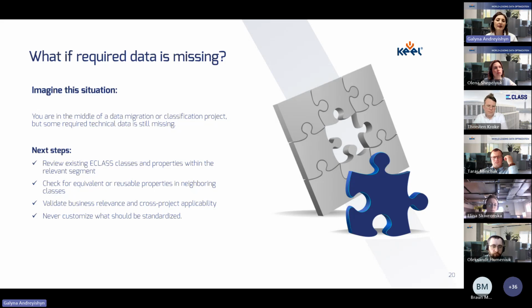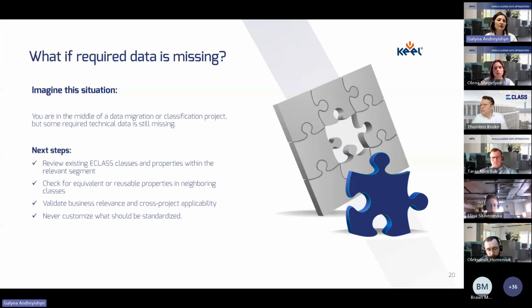There might already be an expert group created within your segment of interest, and you can contact them. Then validate the business relevance and cross-project applicability before taking further actions. And most important, never customize. That should remain standardized. A structured review process prevents unnecessary extensions and protects long-term consistency.